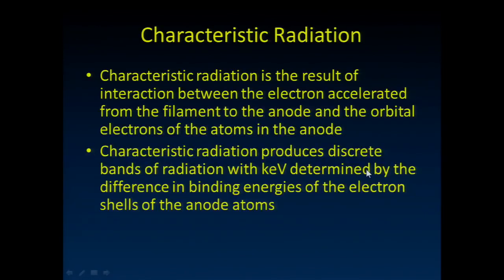I want to mention characteristic radiation. We've also talked about the fact that these electrons may kick out some inner shell electrons of the tungsten, and then those K shell electrons are going to be replaced by their L shell electrons coming into place. And when that transition from L to K occurs, we're going to get the emission of K to L characteristic radiation.